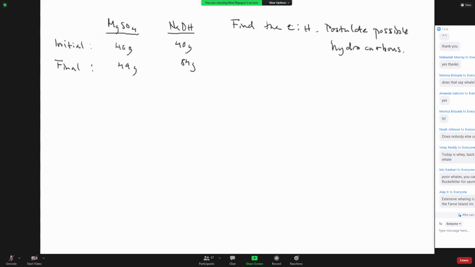Yes, 49 and 84, correct. We're trying to find the amount of water and carbon dioxide that was absorbed from our combustion reaction. So initial is before the reaction, final is after the reaction. I'll go back to the previous slide so you can see it, Zoe.